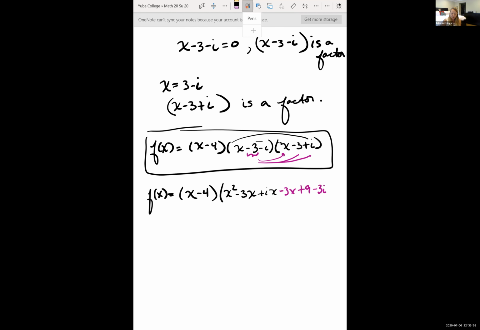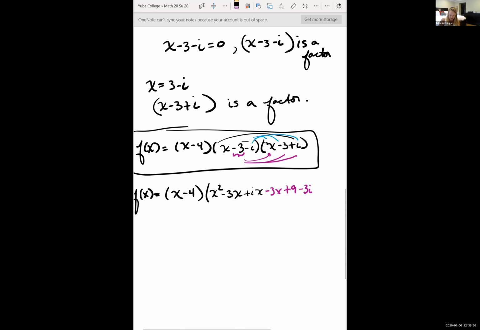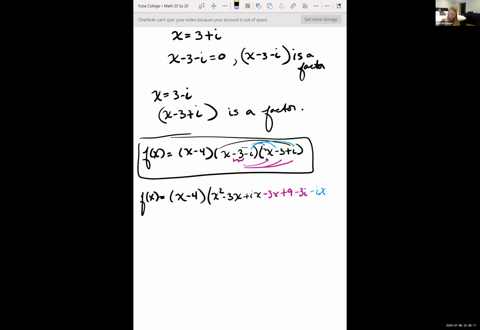And now distribute the negative i to all 3 terms. Negative i times positive x is negative ix. Negative i times negative 3 is positive 3i. And negative i times positive i is negative i squared. But remember, i squared equals negative 1. So negative of negative 1 is really plus 1.